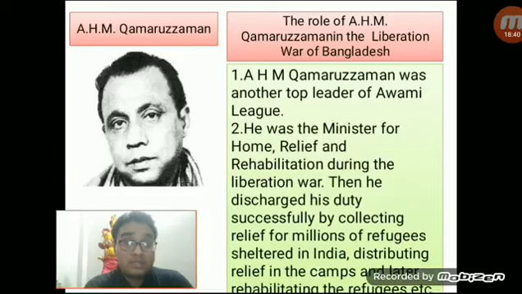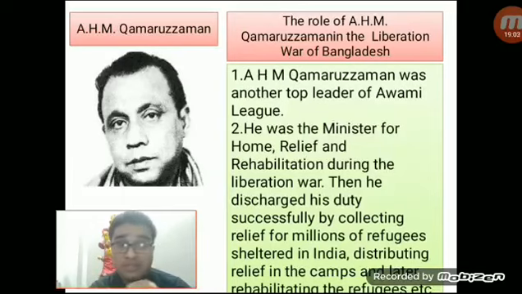Then he discharged his duties successfully by collecting relief for millions of refugees sheltered in India, distributing relief in the camps, and later rehabilitating the refugees, etc. And we know 1 crore people took shelter as war refugees in our neighbor country India.